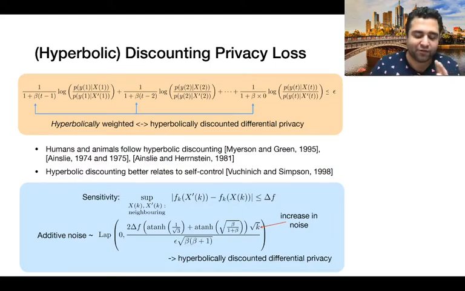So it might be possible to find better mechanisms that would have a smaller increase, and that is sensible, because if we can ensure differential privacy with logarithmic increases in the amount of the noise, we should be able to do hyperbolic discounting too, because if we can meet the hyperbolic discounted differential privacy, we can meet the differential privacy too. So the same kind of mechanism should work here too, to be able to ensure hyperbolically discounted differential privacy. So with the discounting, we should even get better than logarithms. So one avenue for future work is to try to look into these optimal mechanisms when it comes to the growth of the noise across time.